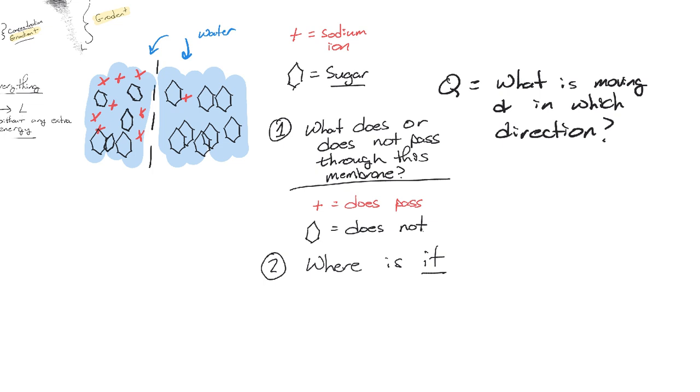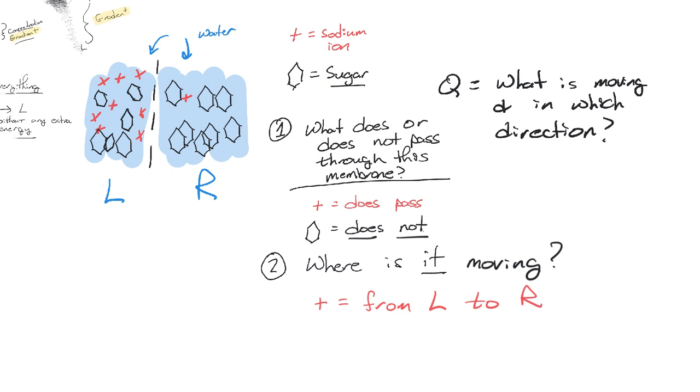So the second question is, where is it moving? Well, I'm not even going to bother answering the sugar one because the sugar does not move. But the salt is going to move from left to right.